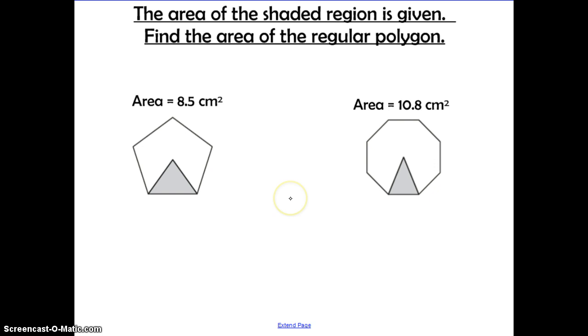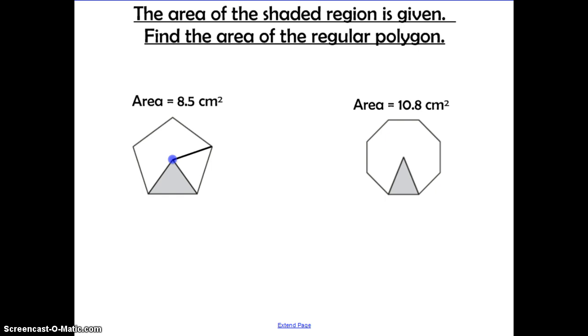Next, let's look at these problems. So here, it tells us the area of the shaded region, and then it wants us to find the area of the regular polygon. So the first thing we want to take a look at is this triangle that we're given the area of, and consider how many of these triangles are in the regular polygon.